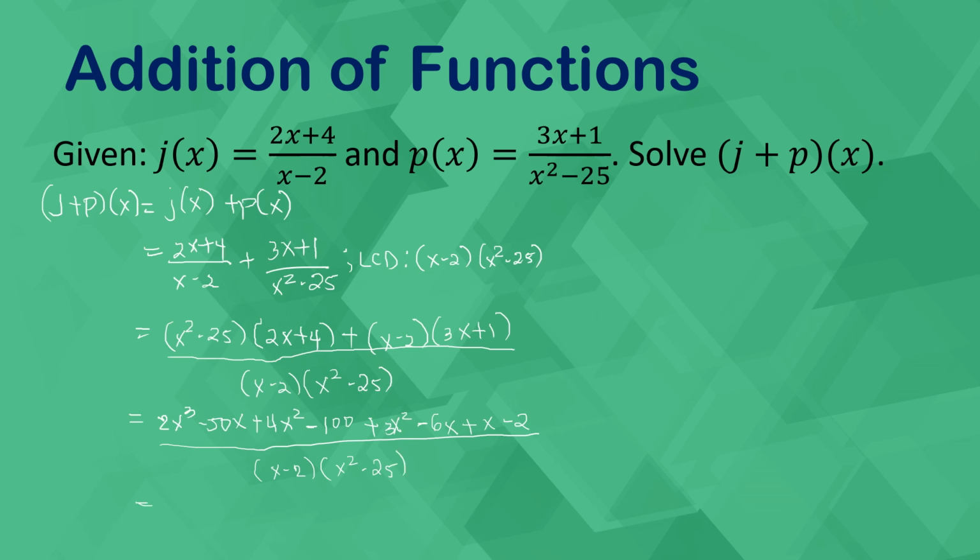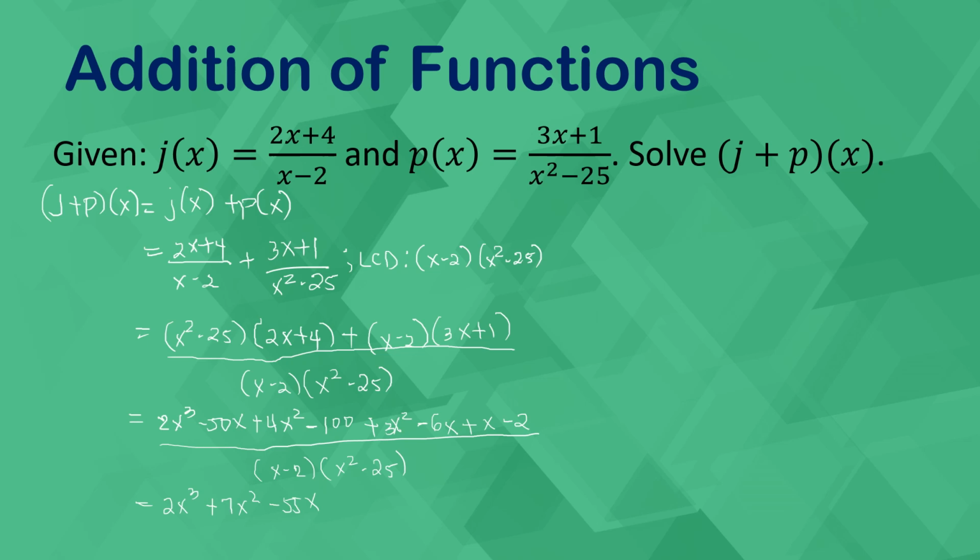We combine like terms. We have 2x cubed, 4x squared plus 3x squared is 7x squared. And for x, we have here negative 50x minus 6x is negative 56x plus x is negative 55x.